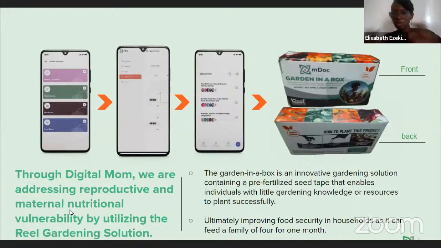You don't need to do anything. This garden is able to feed a family of 4 and supports food security in the household. So it's an amazing solution. And through Digital Mom Project, we are deploying this solution. Next slide, please.